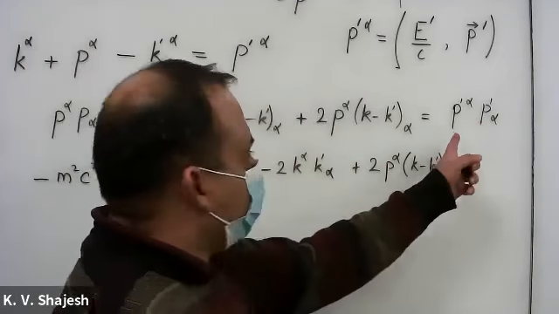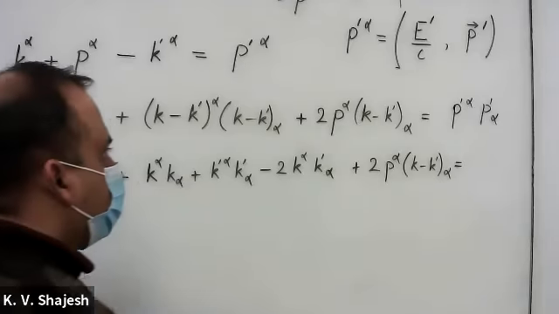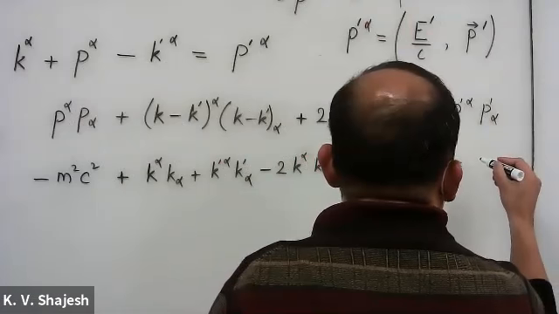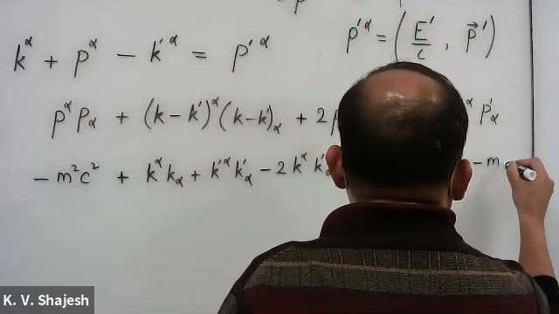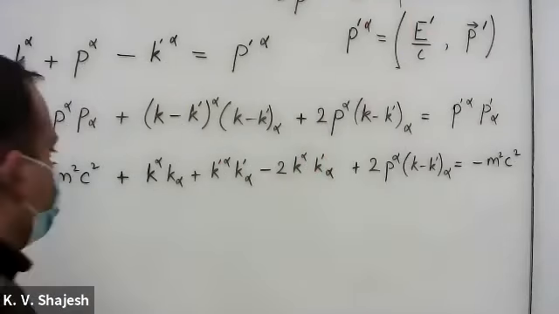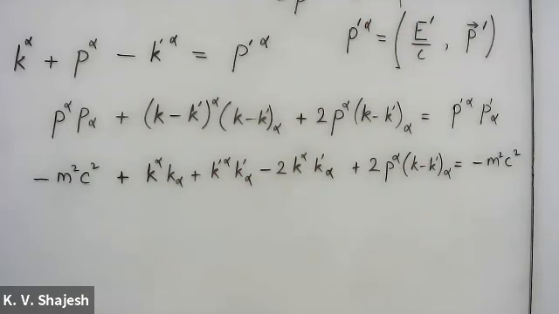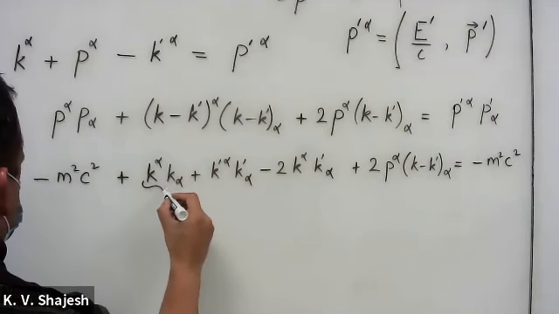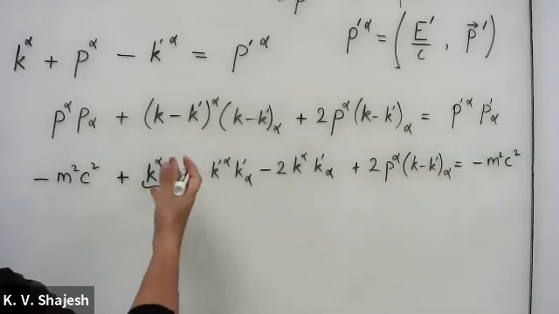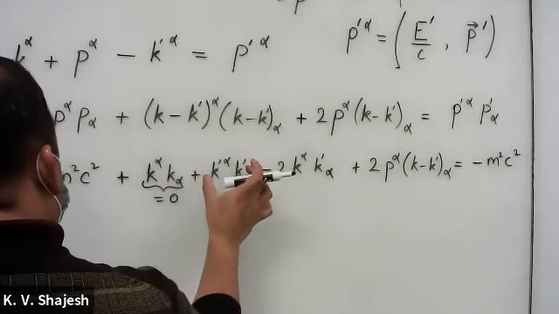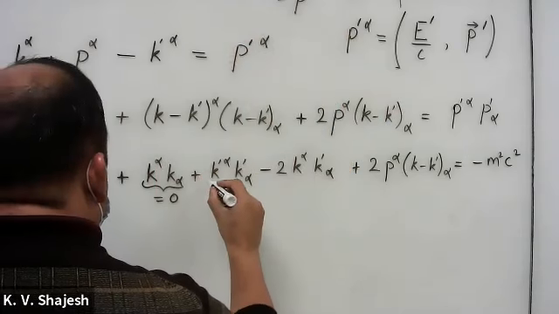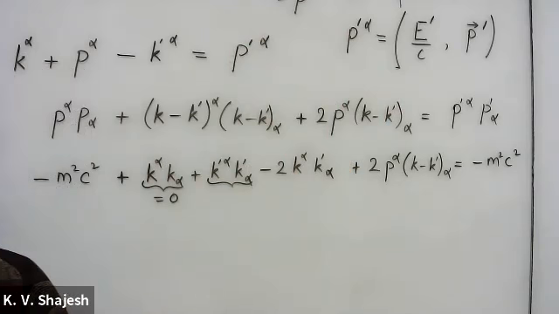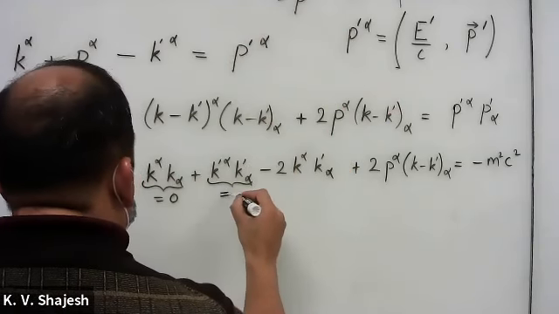And on the right hand side, this is nothing but the mass of the electron again, because after the collision, the mass remains the same. It is still an electron. That's minus m squared c squared. This represents the mass of the photon. That's equal to 0, because photon does not have mass. This also is a photon. After the collision, it still is a photon. Its energy might have changed, its frequency might have changed, but it's still a photon. That's still equal to 0.